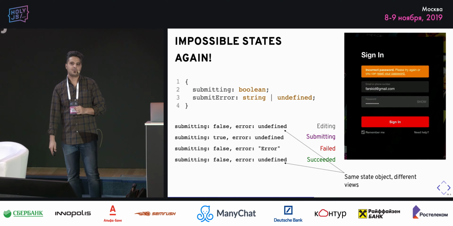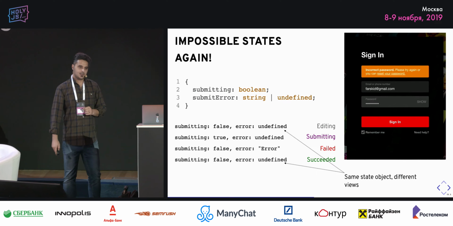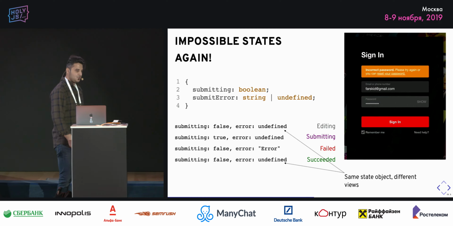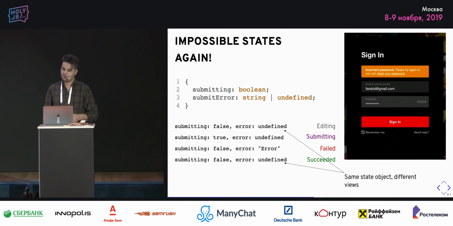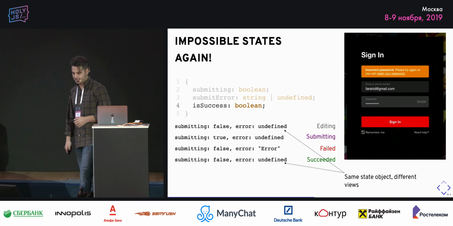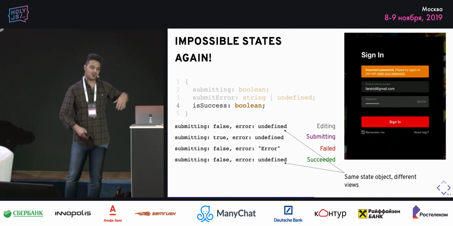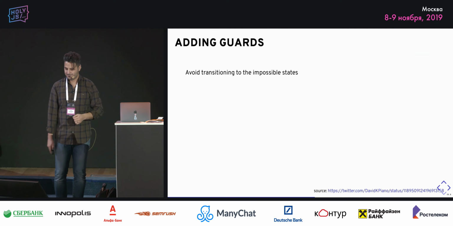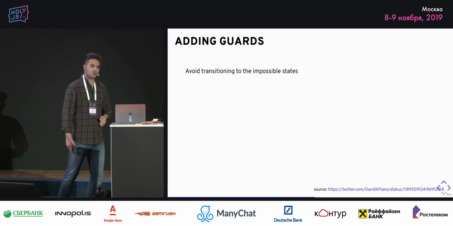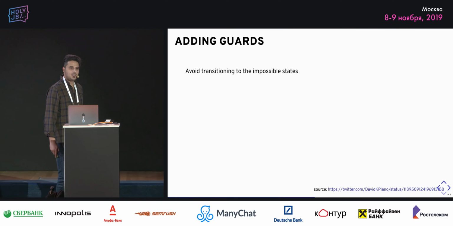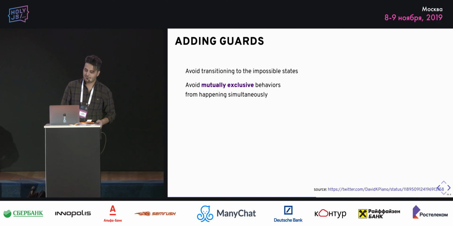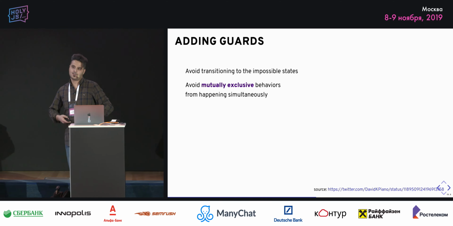And again, when it succeeds, there is no error and submitting is false. So the same problem that we encountered with the input, same modeling that should be extended again. And of course, it ends up in impossible states again. So we add another isSuccess to extend that, and, well, same thing happens. So we not only add guards to avoid transitioning to the impossible states, but also we avoid going to mutual exclusivity problems.